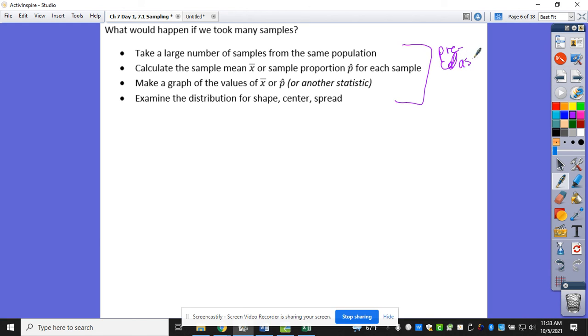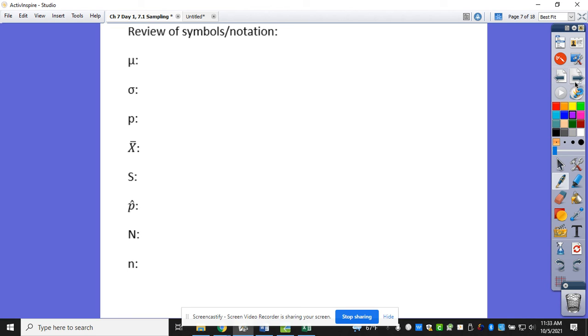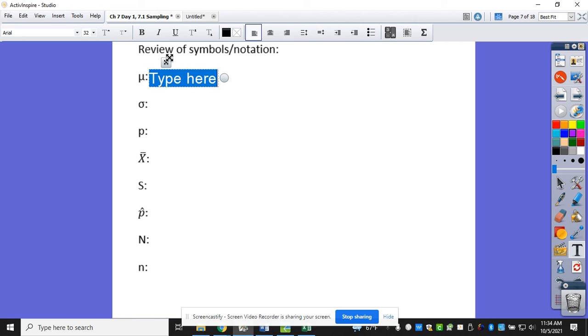The beginning of class activity. So now is the point where if you don't know these, you can't do anything on a problem. So you really have to know what these are. So what does that first one mean? What does mu stand for? What is the second one?